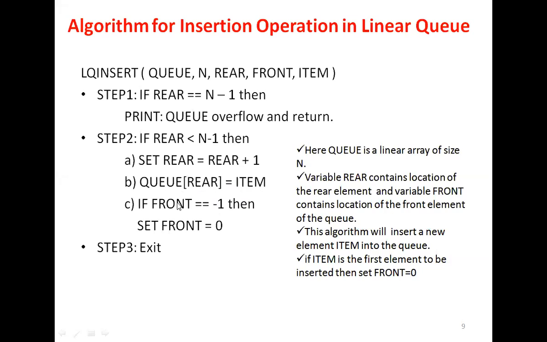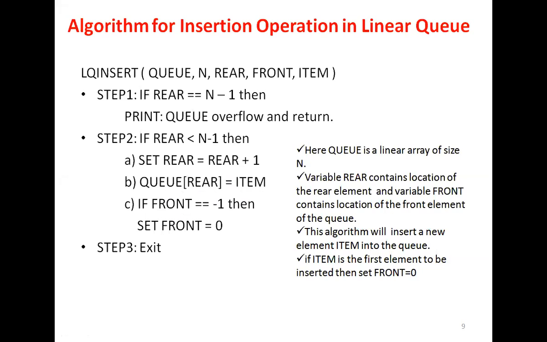Okay. And the next condition we are checking is if front equals -1. This is the empty queue case. Empty means both front and rear are -1. We are incrementing rear during insertion, that's fine.